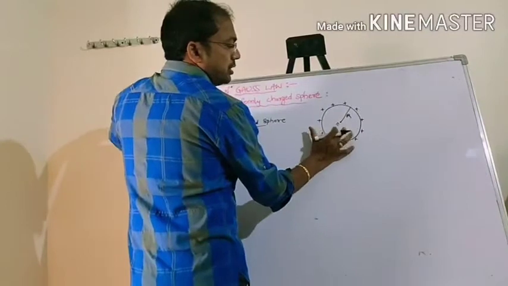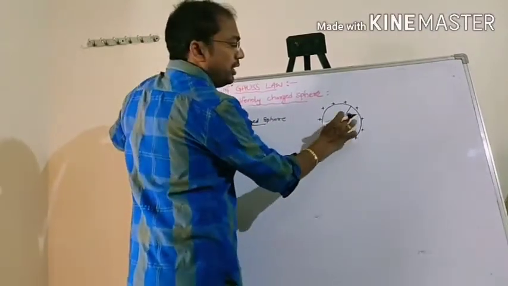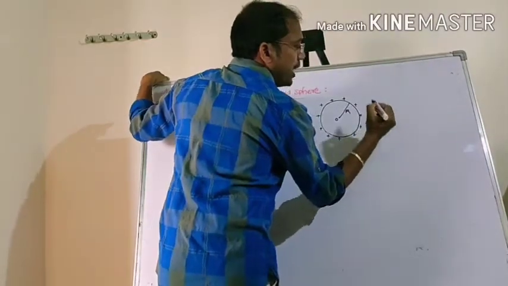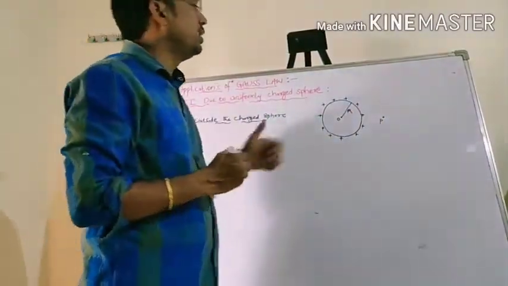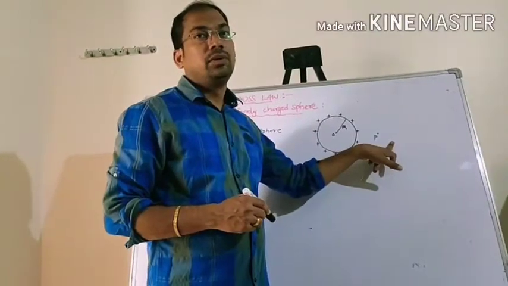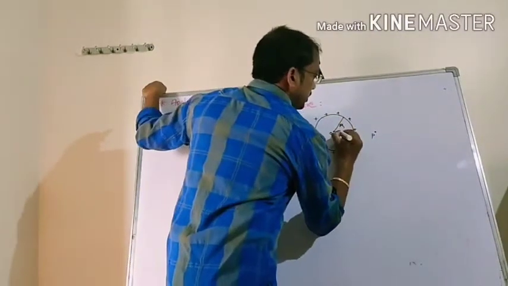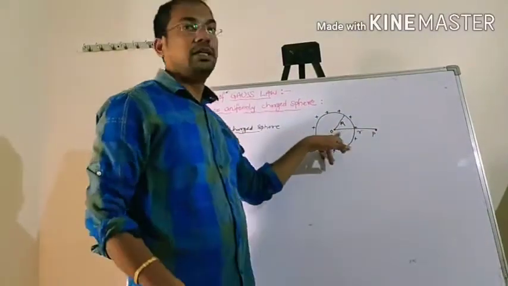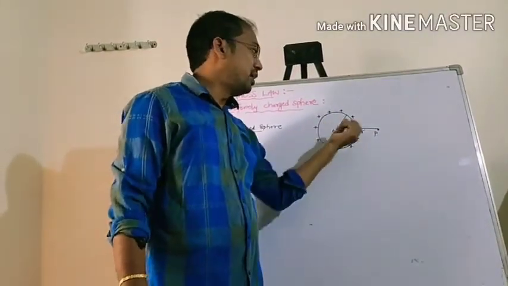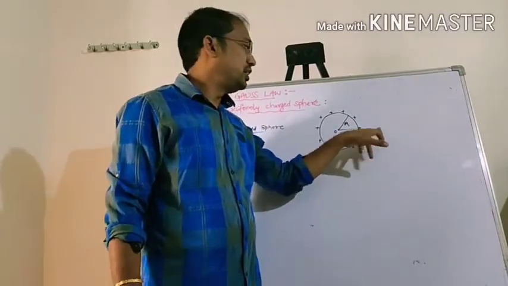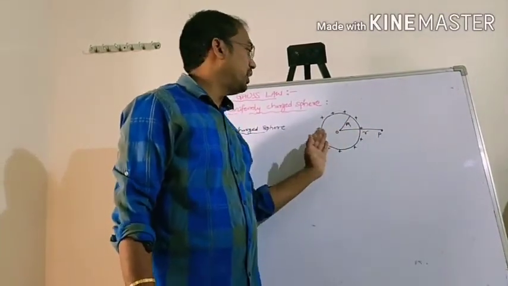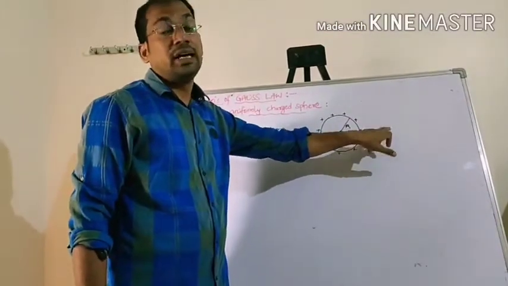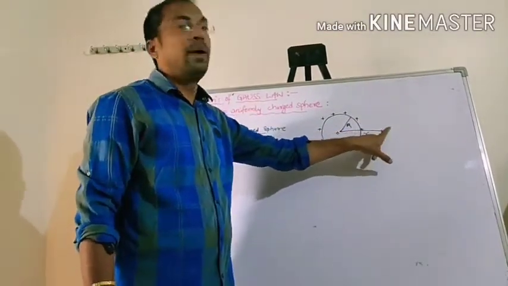Here is the charged sphere of center O and radius R. Consider a point P outside the sphere, at a distance r from the center of the sphere. Now we have to find the electric field intensity at point P.